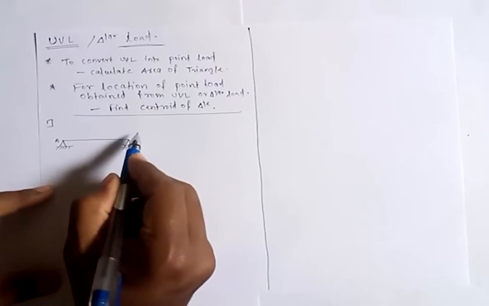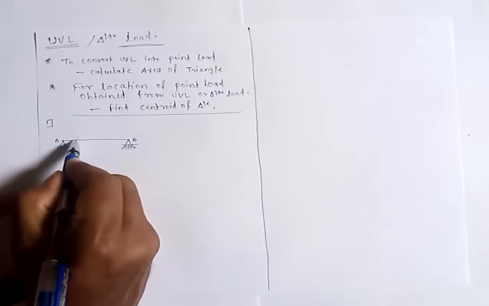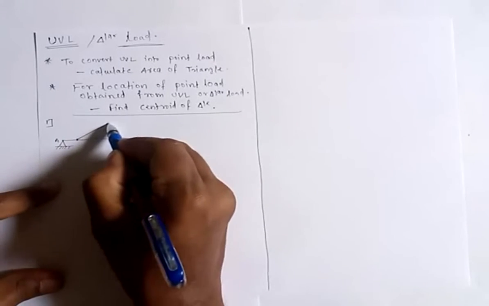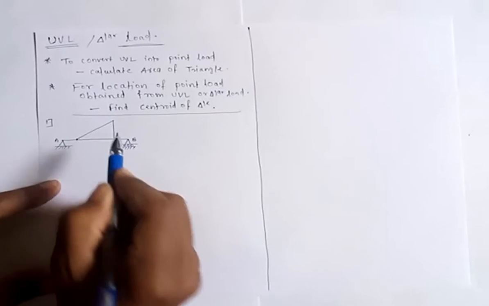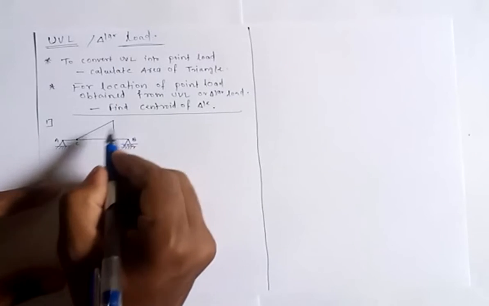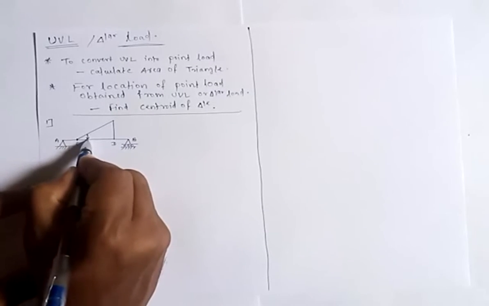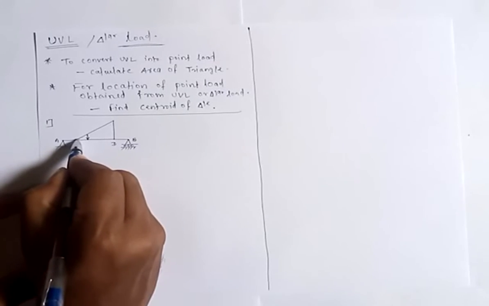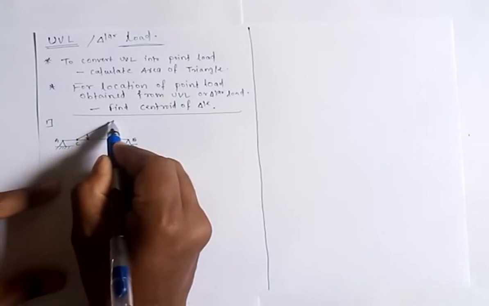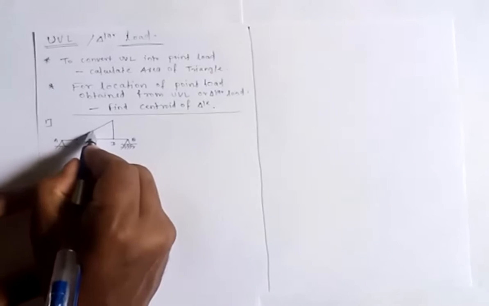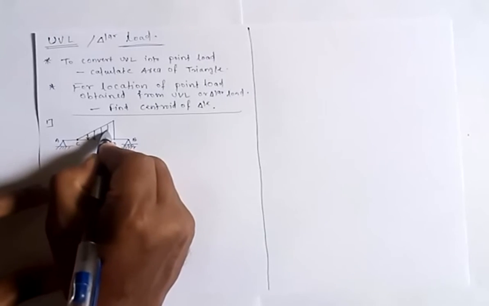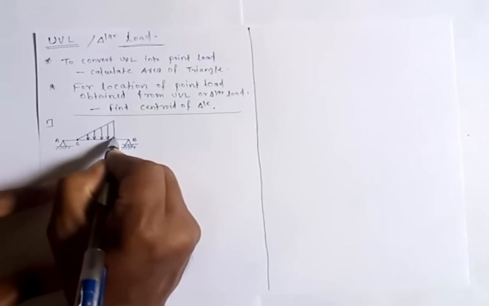Let us assume the triangular load is acting on this beam between the 2 points C and D. At C the intensity of the load is 0 and it varies linearly towards point D, increasing and becoming maximum at D. That's why it is called uniformly varying load, or triangular load, as it looks like a triangle.